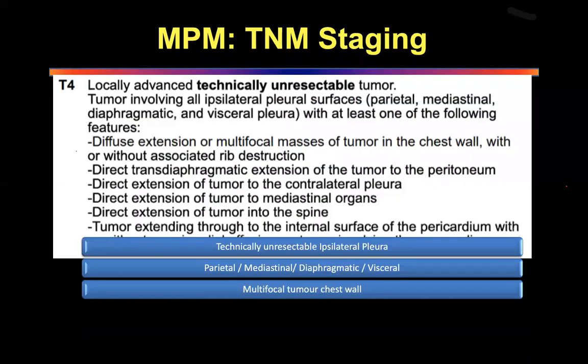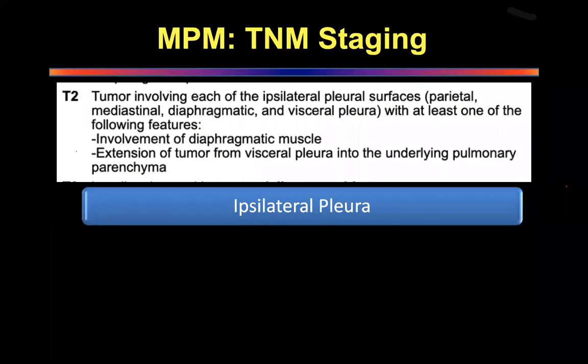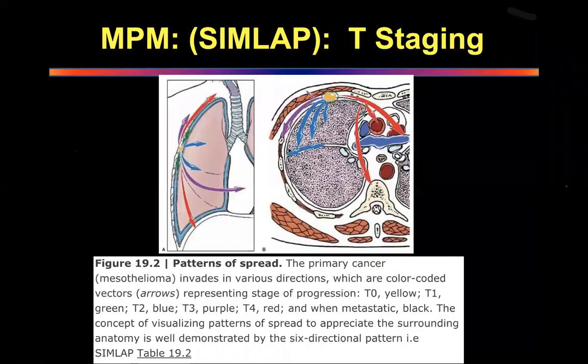I will again put up this picture, the first picture, to show you what it means. So T0 is just localized to one spot or no tumor. T1 is when it is going along the pleura, the parietal or the visceral pleura, but not invading through the pleura.